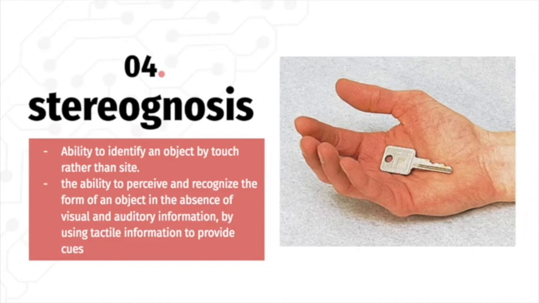It is the ability to perceive and recognize the form of an object in the absence of visual and auditory information by using tactile information to provide cues. To test stereognosis, you ask the patient to close their eyes and identify the object you place in their hand. You can either place a coin or a key and repeat this with the other hand using a different object.